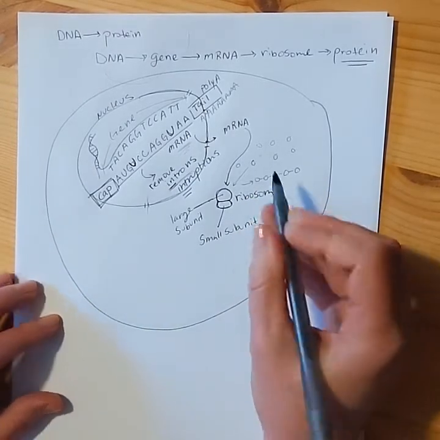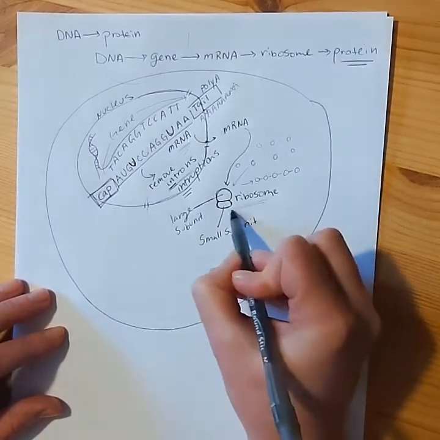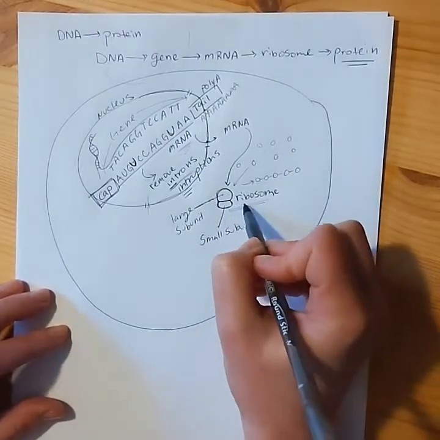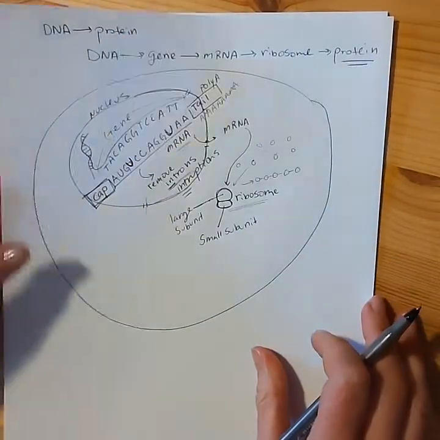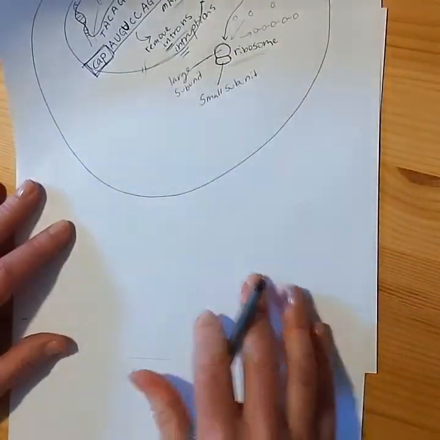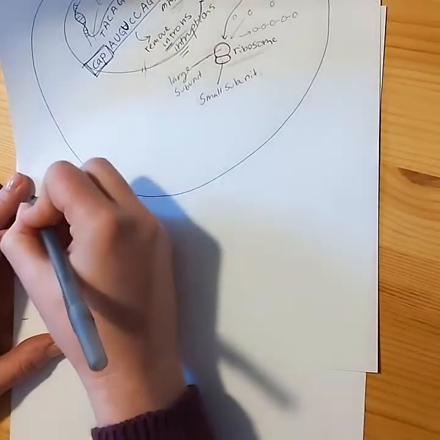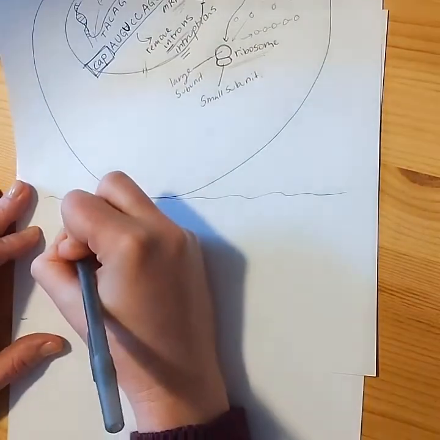It's a little bit more complicated than that, so let's draw this process here and talk about how we make that polypeptide. This all happens in the cytoplasm. I'm just going to draw it down here.